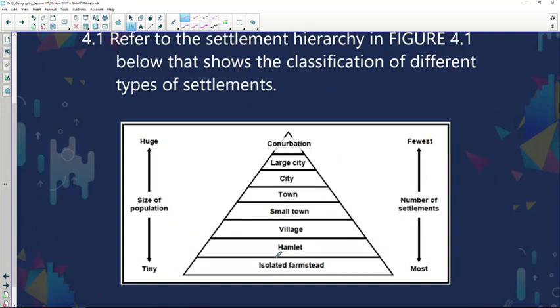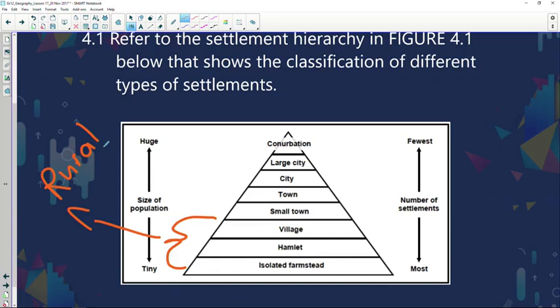And the hamlet is second smallest, then a village. We can classify these 3 settlements as rural settlements. And what are rural settlements? They're usually unifunctional, with only one activity taking place, in this case mostly primary activities.